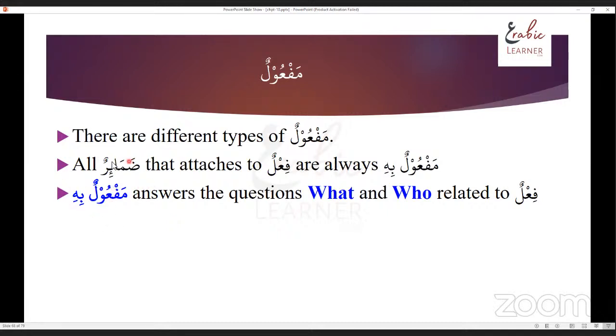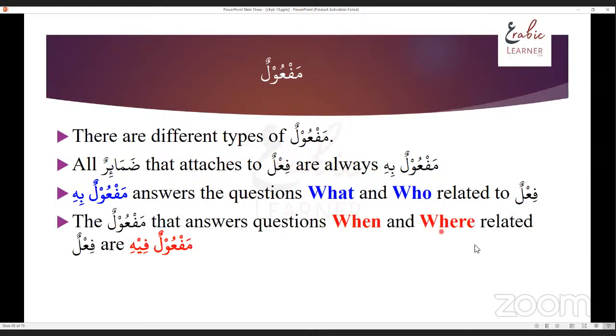So maf'ul bihi is not limited to damir muttasil, it is more. You just remember this: maf'ul bihi is a reply to what and who questions.